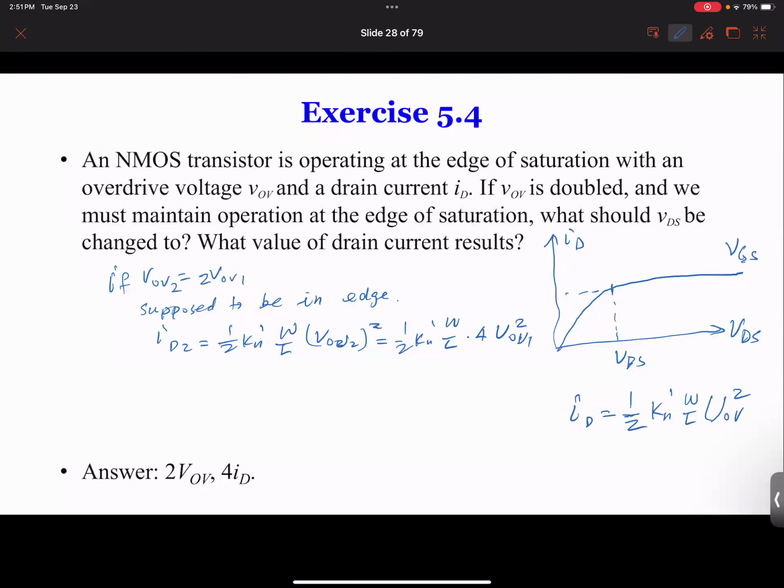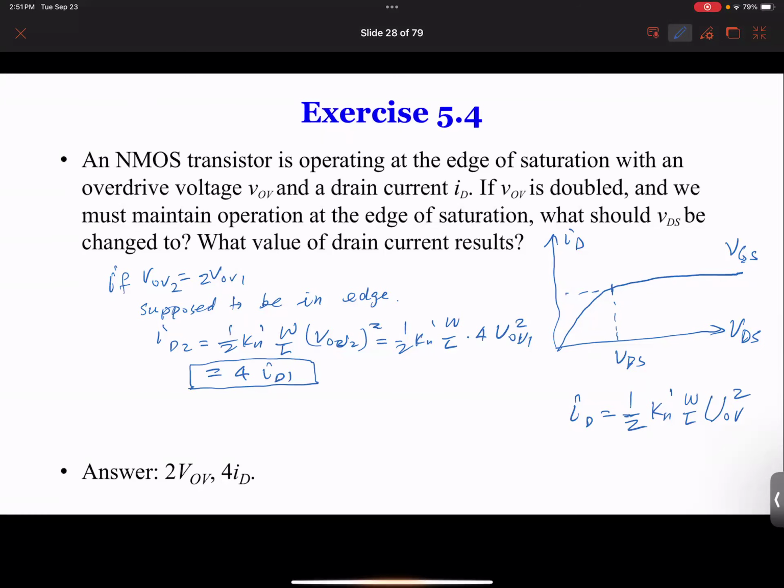Because it's in saturation, when you plug this in, you will see ID2 is actually equal to 4 times ID1. So the current increased by 4 times.